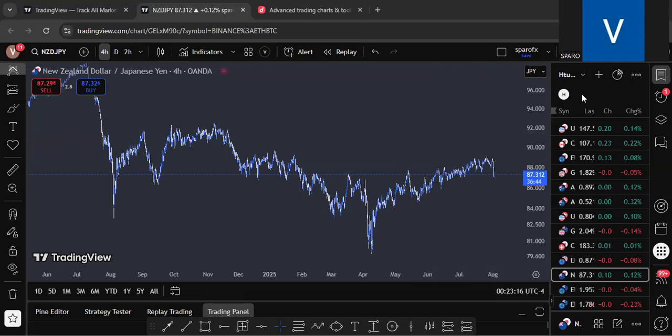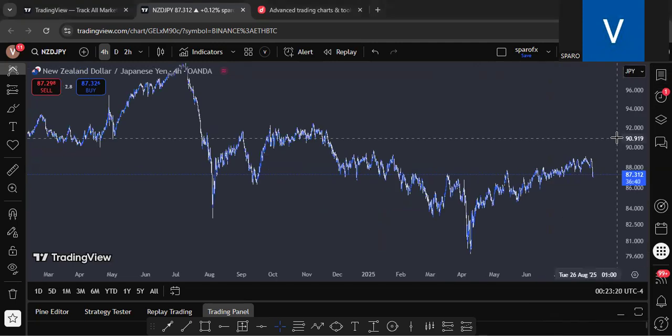Today I'm going to be running a quick analysis on NZDJPY. And before I run the quick analysis on NZDJPY, a lot of people have been making demands on me making videos on key levels, how to spot out the actual key levels to trade off from in the financial market.